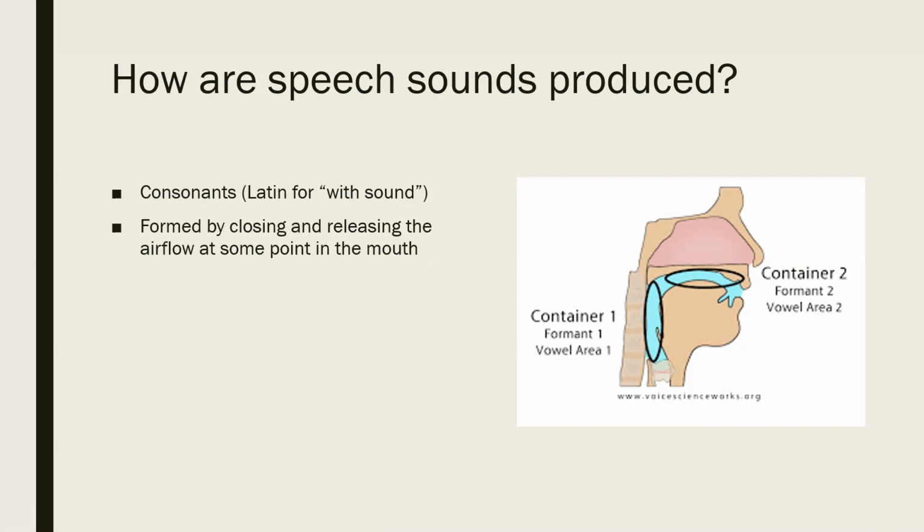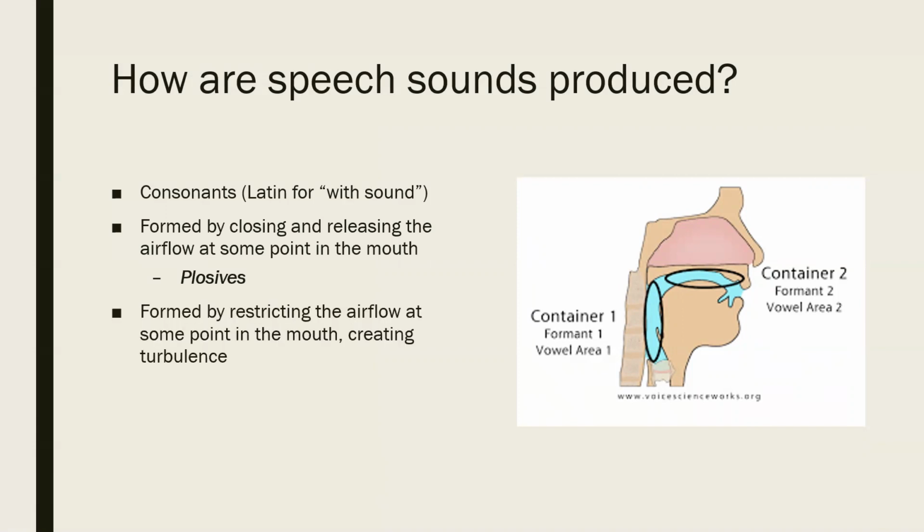There are many different kinds of sounds like this, such as plosives. That would be a sound where you close the mouth entirely and then release it to produce a consonantal sound. Some are caused by restricting the airflow at some point in your mouth, creating turbulence. Think of the F sound or the S sound. Those are examples of these kinds of sounds, and these sounds are called fricatives.